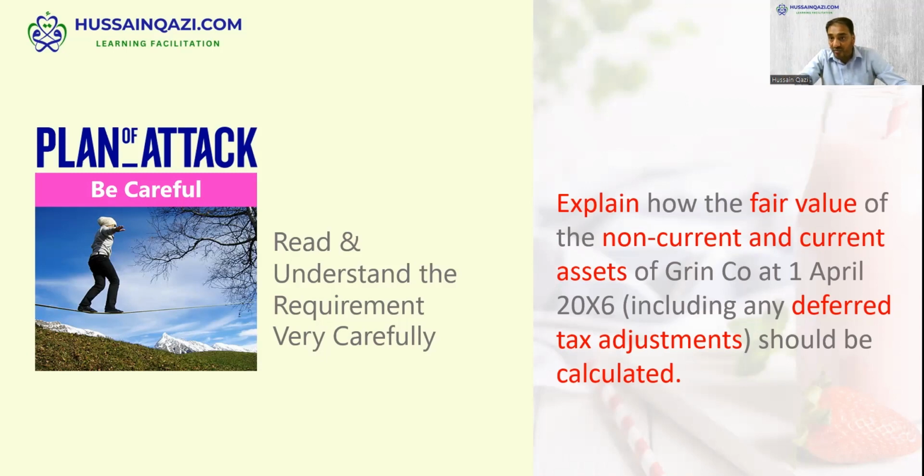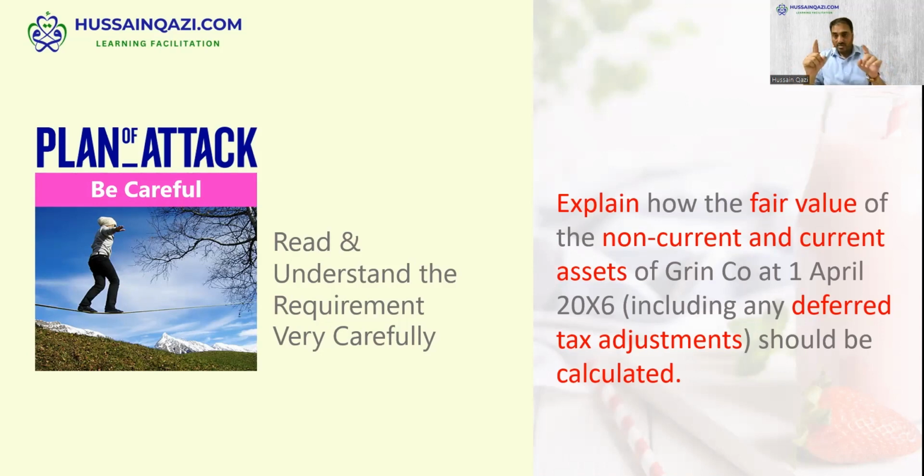Explain how the fair value of non-current and current assets of subsidiary GRIN at 1st April X6, including deferred tax adjustment. Means here, don't forget, your working should also mention how the deferred tax adjustment should be calculated.